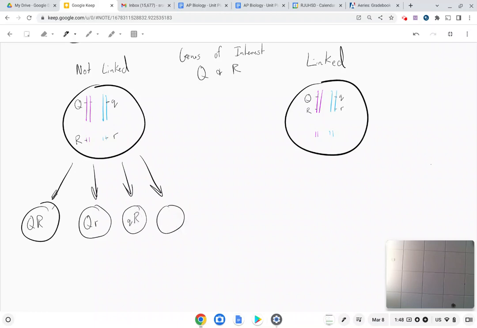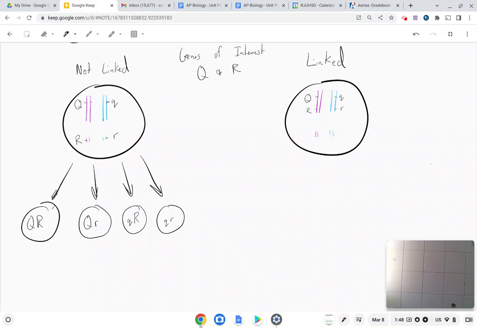And then lastly, we could possibly have this, where they're both recessive, right? So since they're not linked, we get all four possibilities because they can separate. They can get inherited either way.